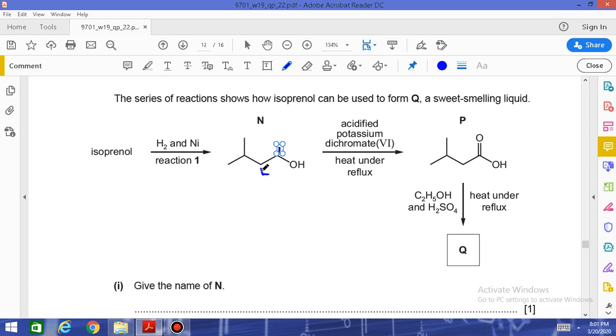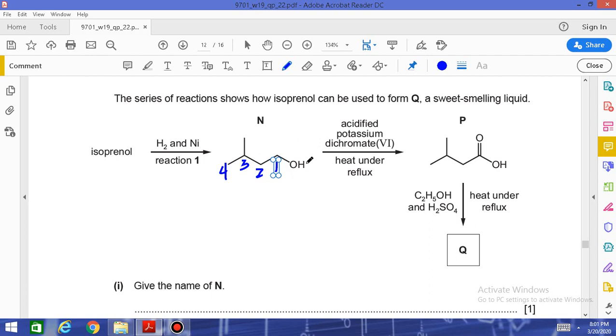1, 2, 3, 4. Okay, so we have to give numbers from right to left. There is a hydroxyl group here.